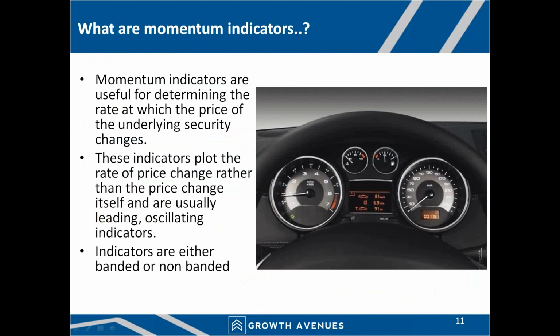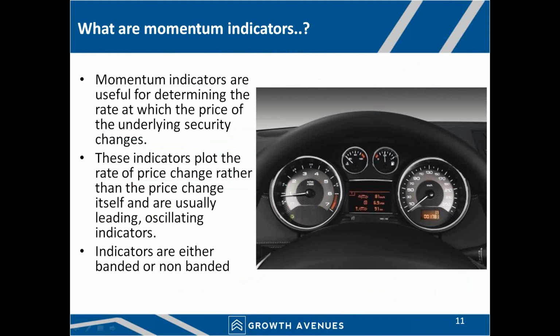So that's what we'll have to do when we apply momentum indicators, because prices are not stationary. They keep moving up, moving down, moving sideways. So based on the price movement, the oscillators are calculated.